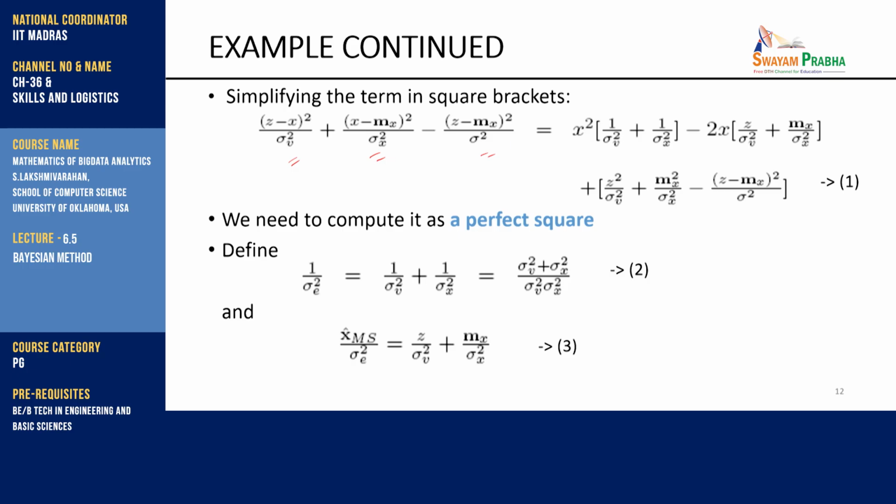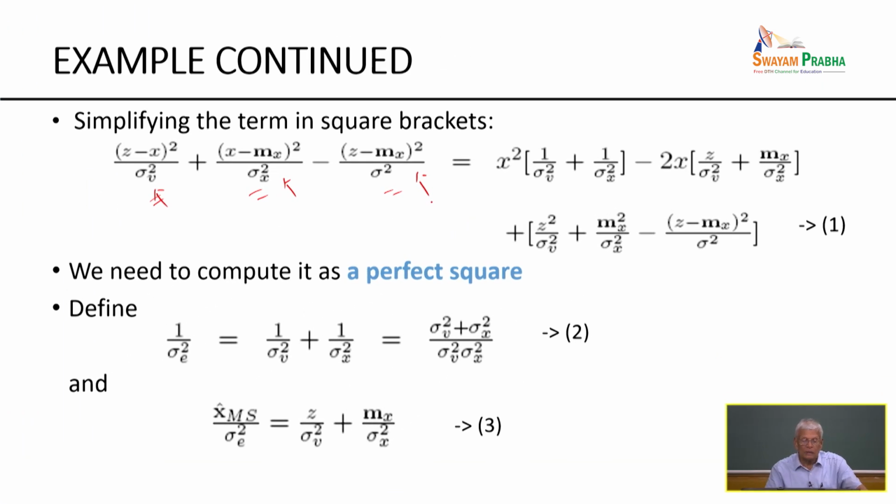I am going to use the notion of what's called a perfect square. There is a lot of algebra involved in here. I'm not showing every algebra step, but I'm going to tell you every little step. You can expand this, expand this, expand this. You can collect all the x squared terms, collect all the 2x terms, then collect all the terms that do not depend on x.